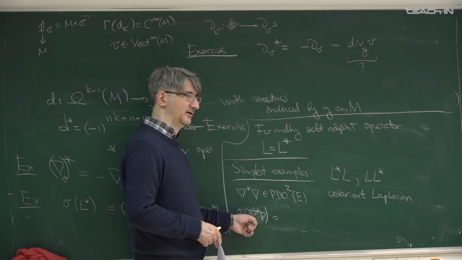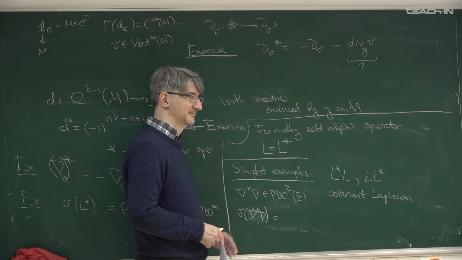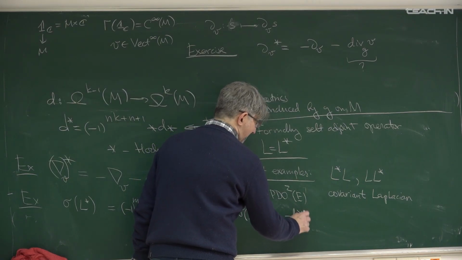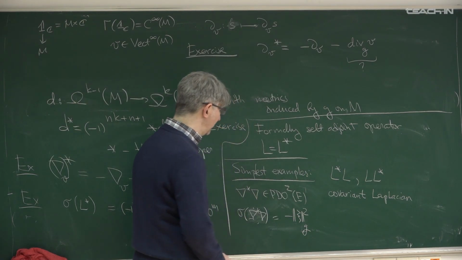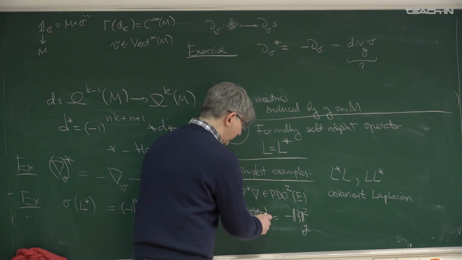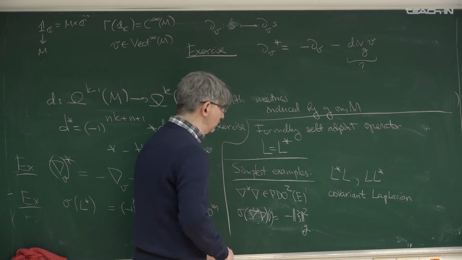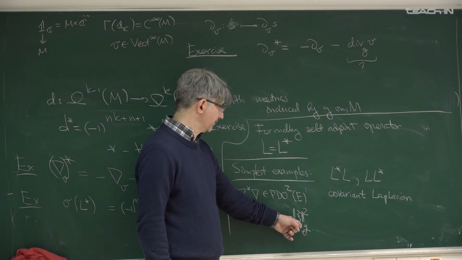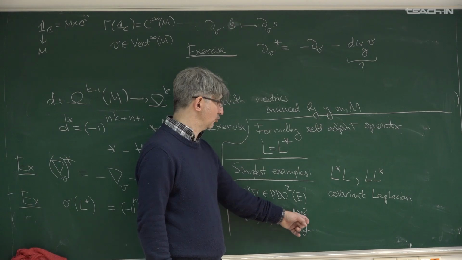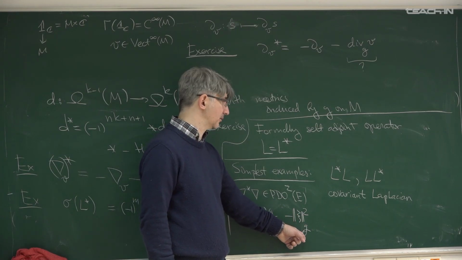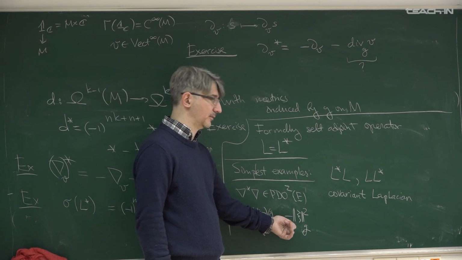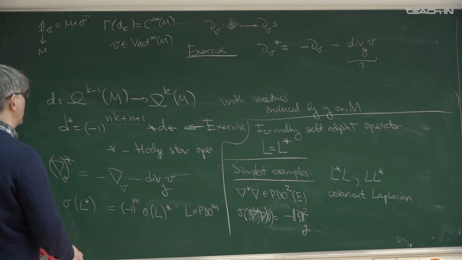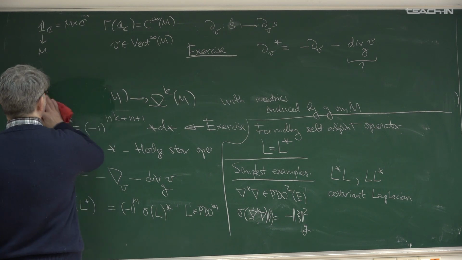Symbol of nabla star nabla. So you take psi and calculate the square of its norm in the Riemannian metric on manifold M itself, and add minus here. So this is the symbol of this guy. So now we can finish our lecture by giving a couple of important definitions.